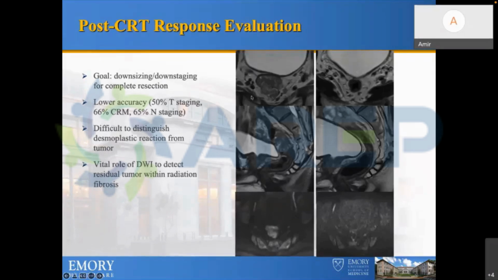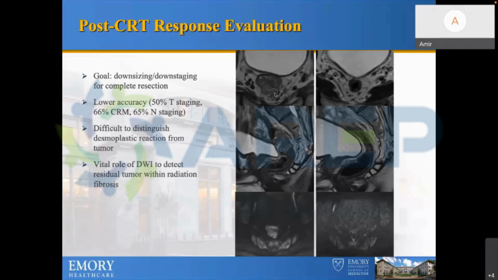Here is a very good example of it. But sometimes the response is not as obvious as in this case. Sometimes you see a little bit of tumor is still there. You just say near complete with some residual viable tumor, something like that. I just change it a little bit. I want to tell them that there's a little bit of tumor still there.